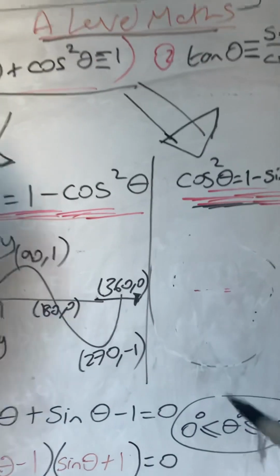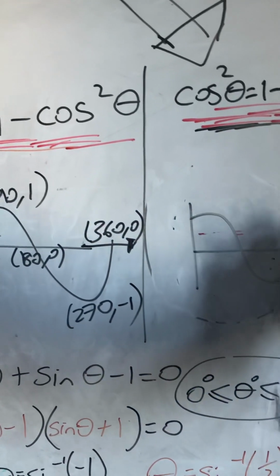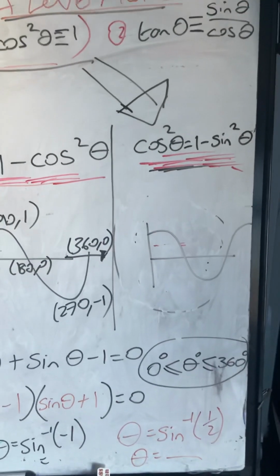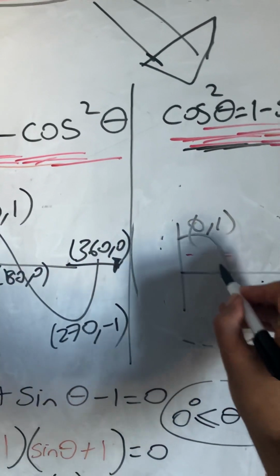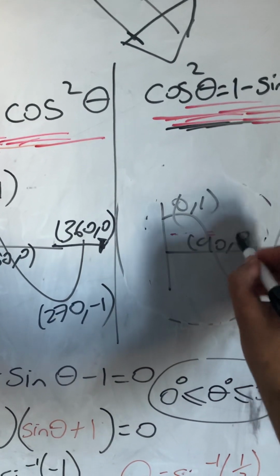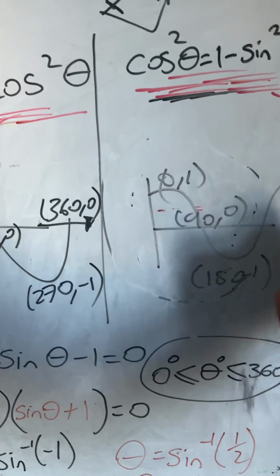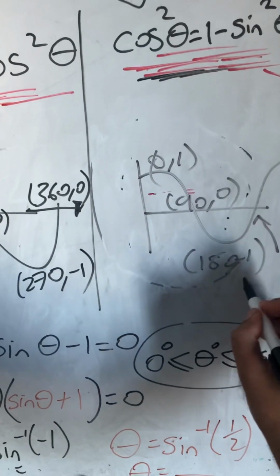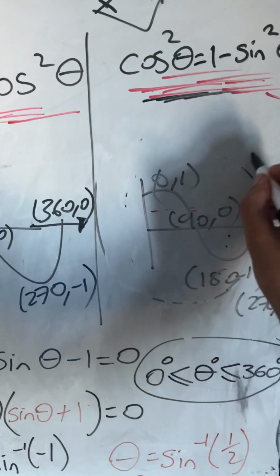If you're interested, the cosine graph looks something like that. It starts at 0, 1, goes through 90, 0, 180, minus 1, 270, 0, and then 360 and 1.